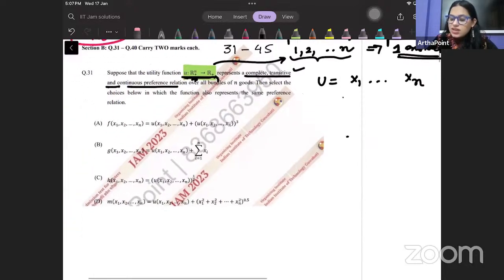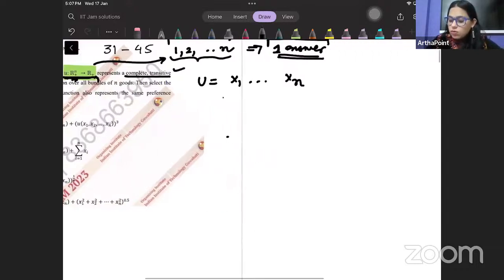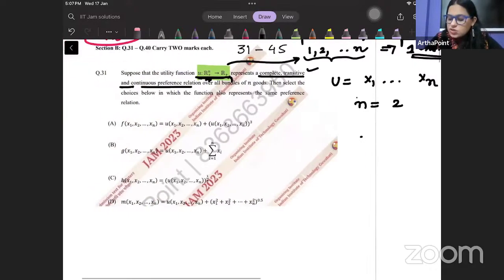Now try to understand that you can also take this one level up. It is not necessary that I have to work with n goods. I can rewrite this entire problem and just take n to be 2. Nothing will go wrong because I am just assuming my n is 2. The question says you have to do it for n goods, but what is the value of n? I can just reconsider it.